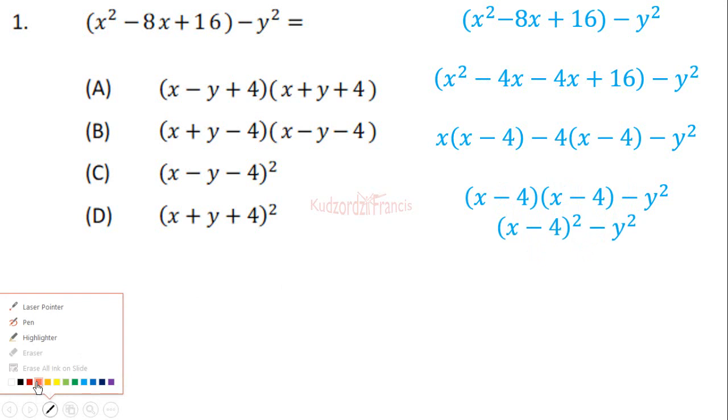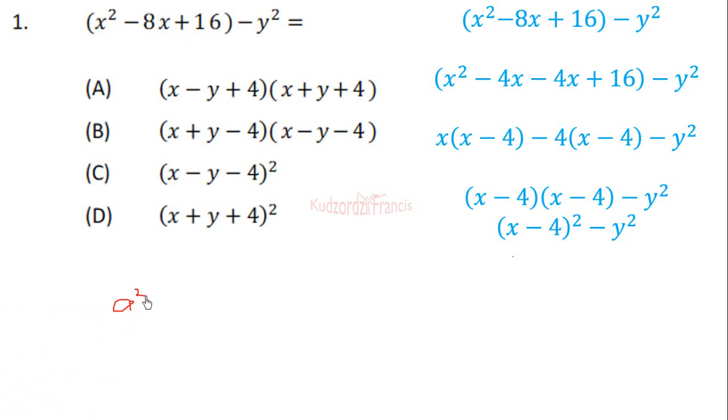So over here we are going to use this. So you recall that if you have a squared, difference of 2 squared, a squared minus b squared is equal to a plus b, then into b, a minus b.